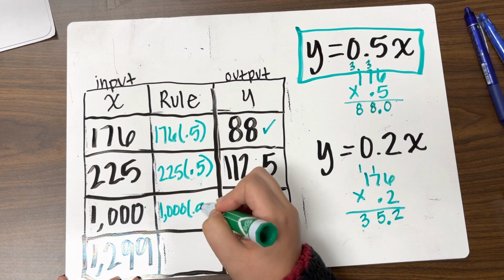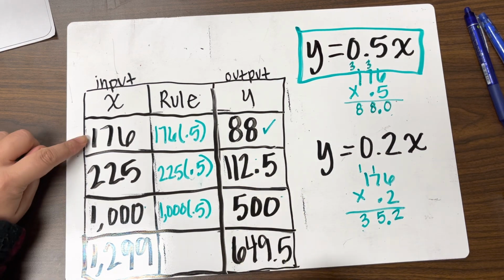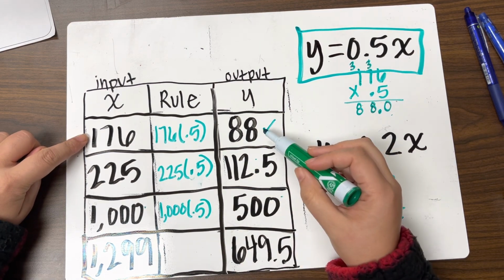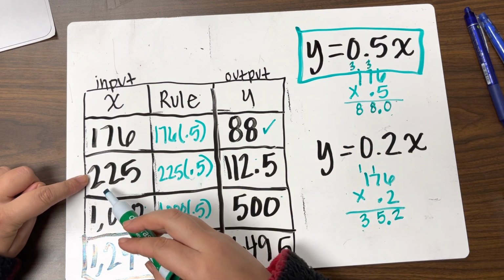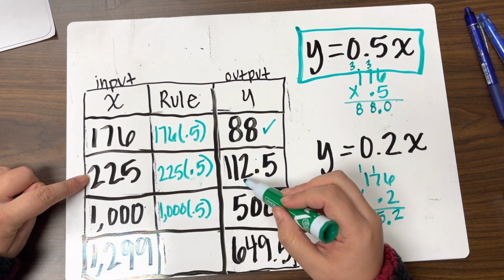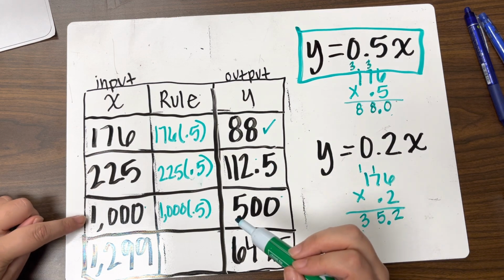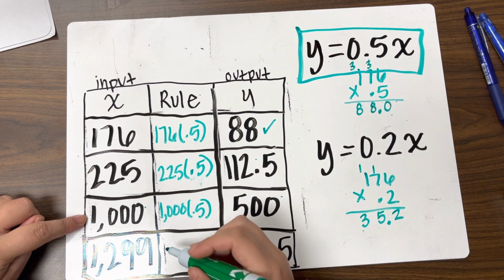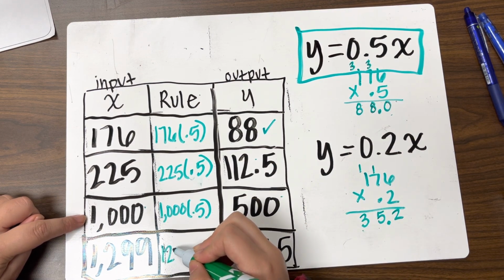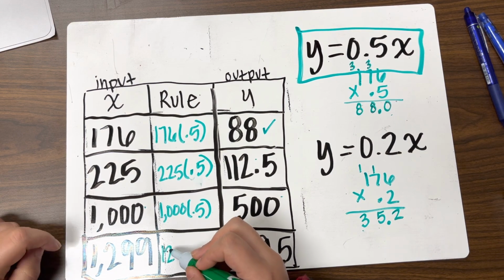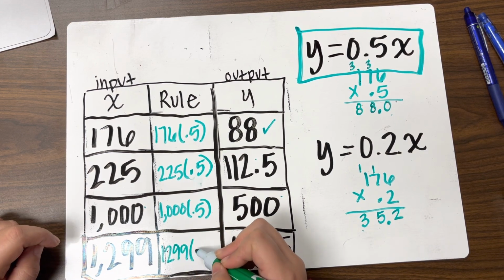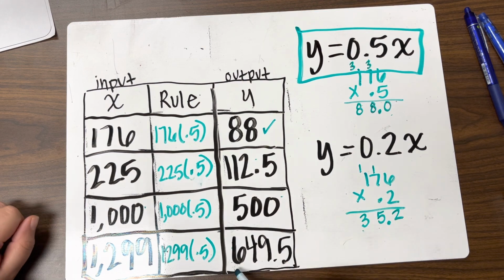I'm cutting it in half. Half of 176 is 88. Half of 225 is 112.5. Half of 1,000 is 500. And half of 1,299 is 649.5, okay?